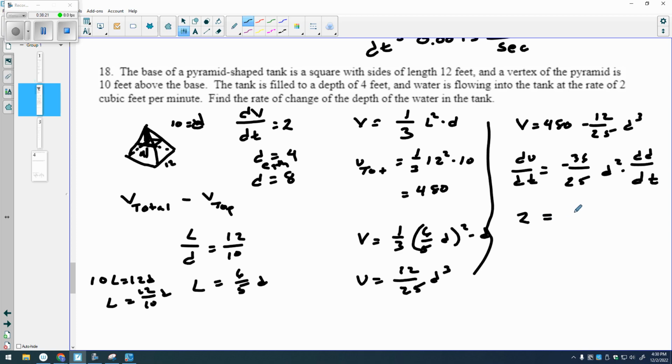I know my D is 8. What is the rate of change of the depth of the water? And my dD dt is what I'm solving for. So solve this big mess. I'm going to grab a calculator real quick and type that in.